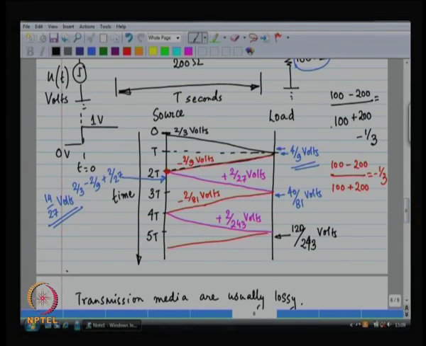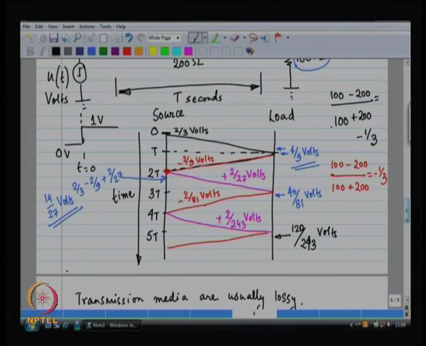Okay. We did a quick example of how the wave progresses over the transmission medium. So, you launch a wave, a portion of it actually makes its way over the transmission medium, this wave hits the load, part of it reflects back, what reflects back hits the source, again it reflects, what reflects hits the load again and part of it reflects back.